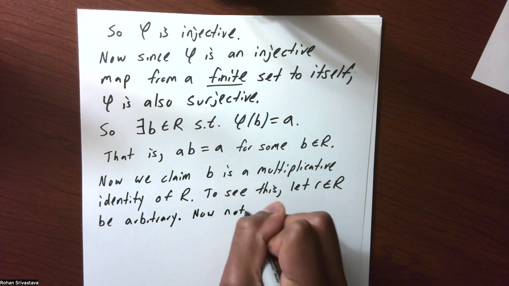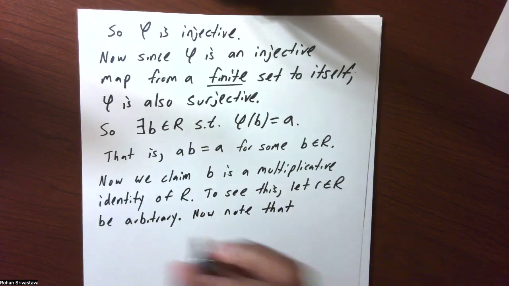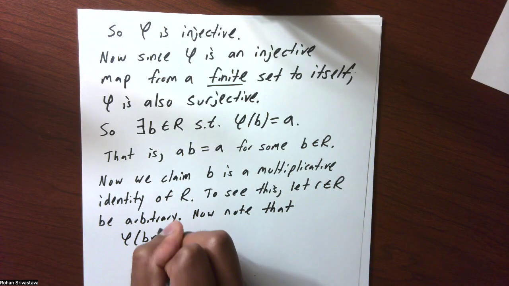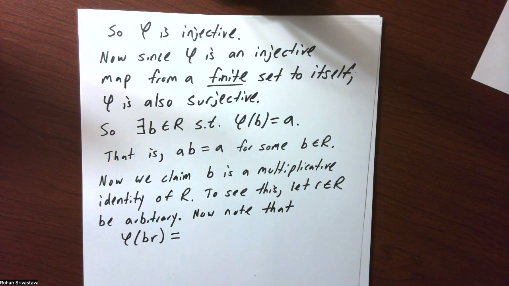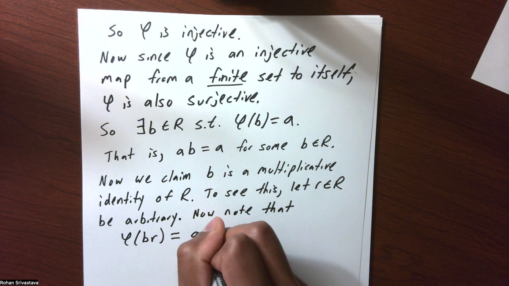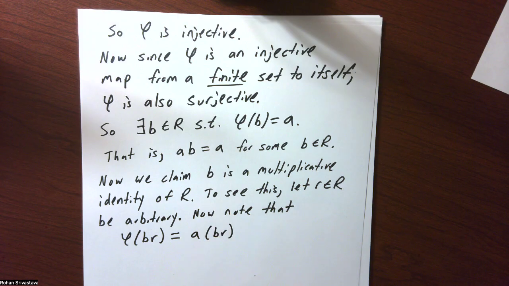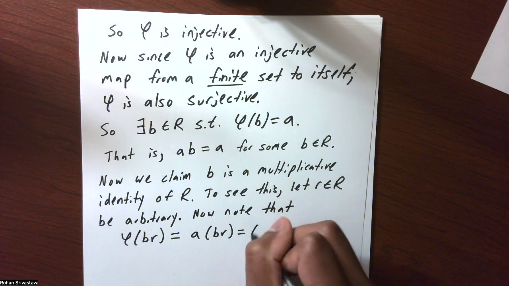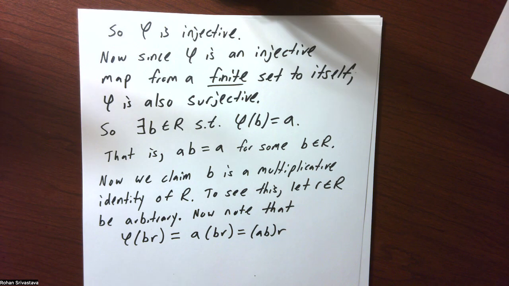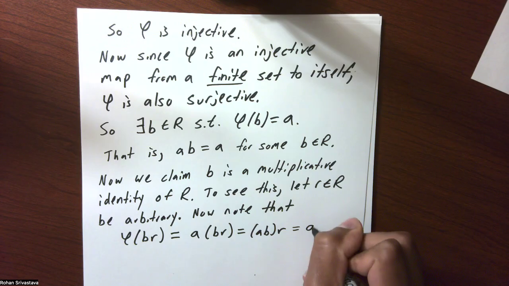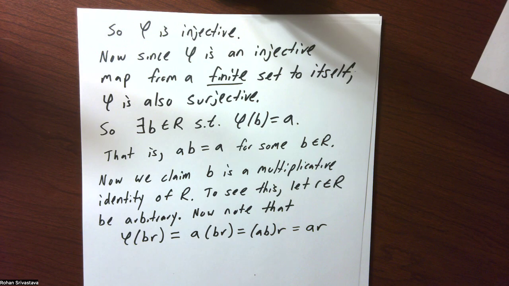Now note that phi of br, well, phi is the map that does a times something. So applying phi to br gives you a times br. Now, multiplication in a ring is always associative. So that's (ab)r. And remember, b was an element such that ab equals a, right? So if ab is equal to a, then this is actually just a times r. Okay, good.